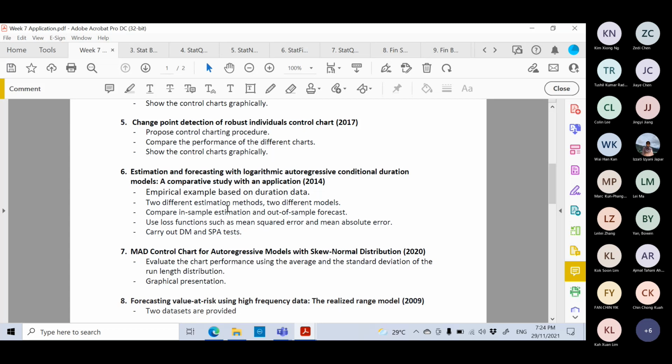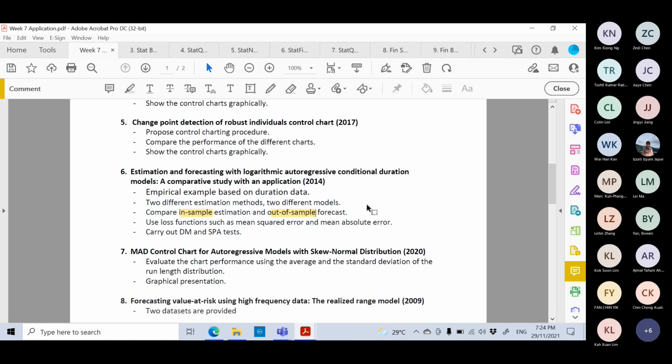In this example, when you want to model this, it is some sort of time series data. In time series data, of course, you need to compare the performance of the in-sample estimation and the out-of-sample forecast. Most of the time when you compare time series, you need to carry this out.